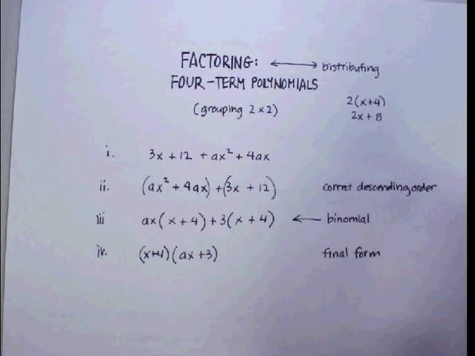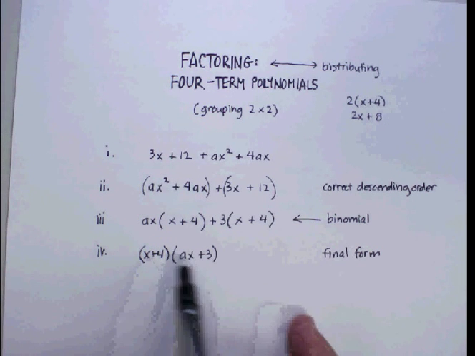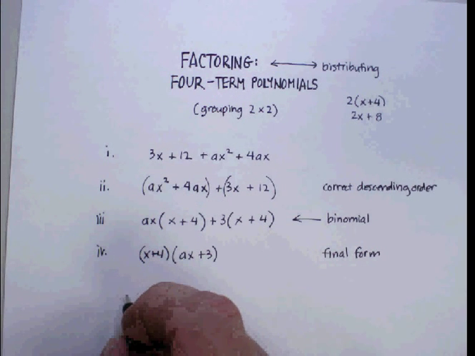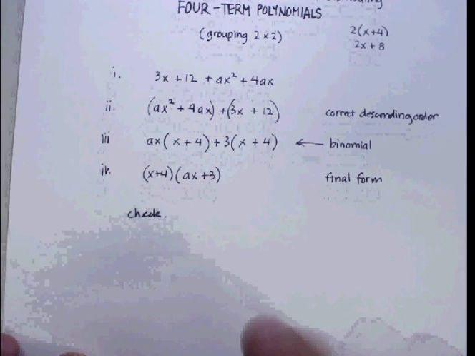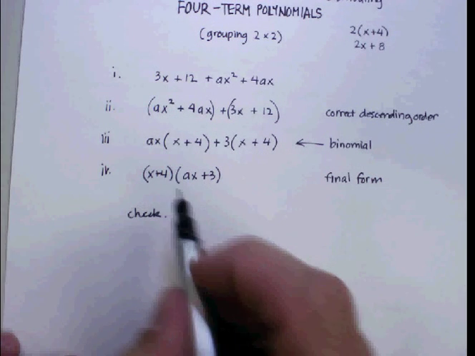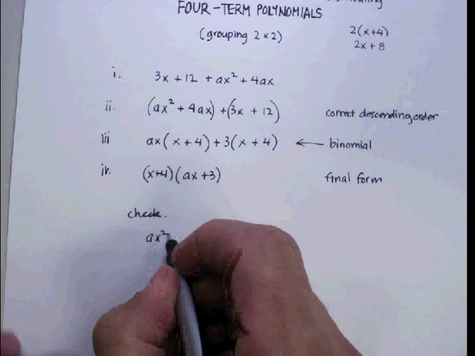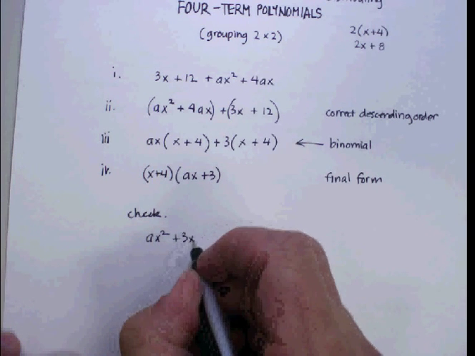Because remember what factoring is. It's trying to change a polynomial into some kind of a multiplication. It's just reversing your distribution. Now, how do we know that this is correct? Let's check it. Well, I could do a quick FOIL on this, couldn't I? What's x times ax? That's ax squared. What's x times 3? It's plus 3x.